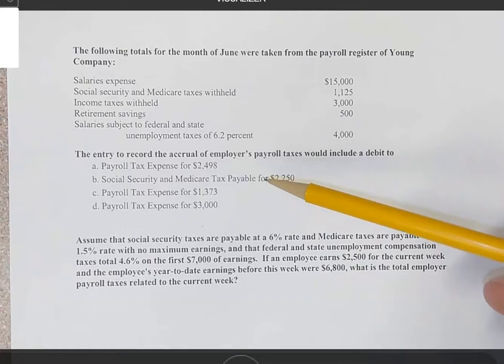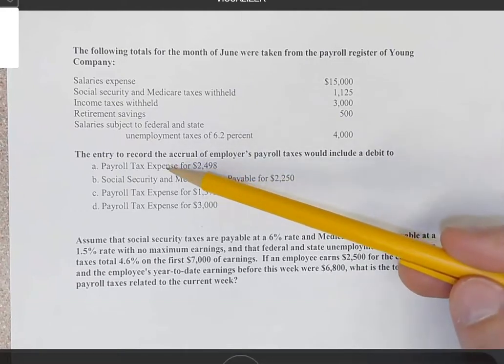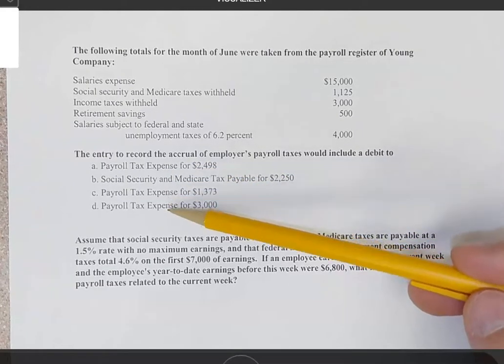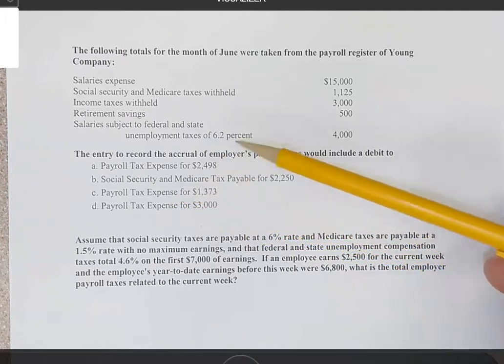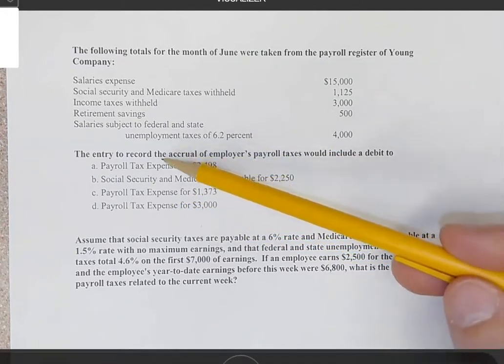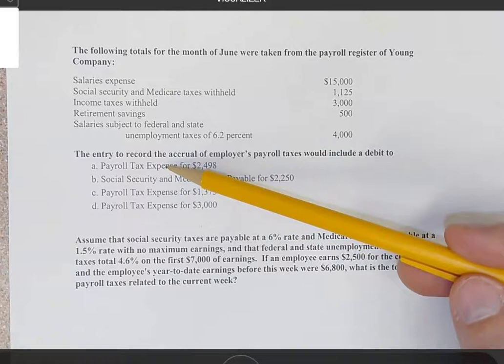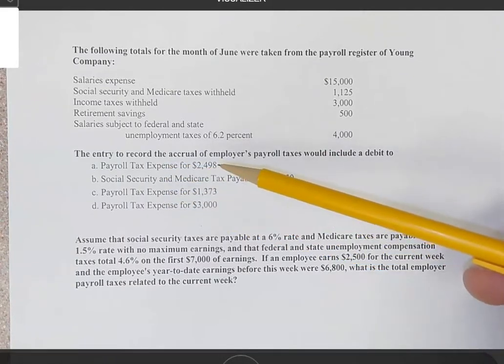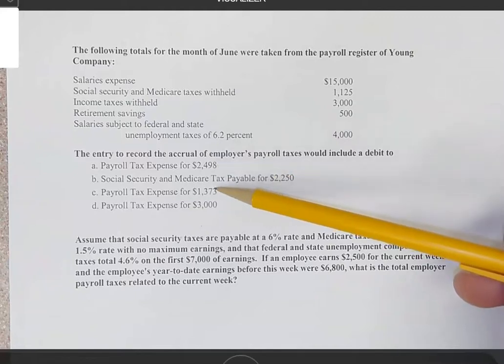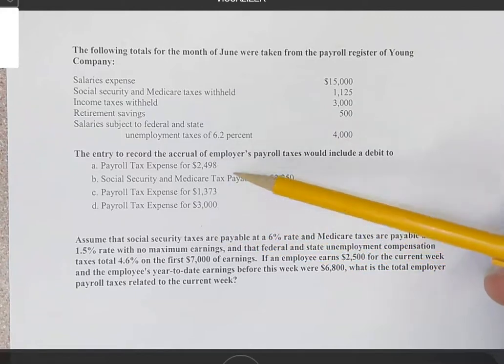Okay, and we have that in choice A, C, and D. And it's also the correct account, payroll tax expense. So we know that we have the proper expense account in A, C, and D. The question is, do we want to use the figure of $24.98, $13.73, or $3,000?